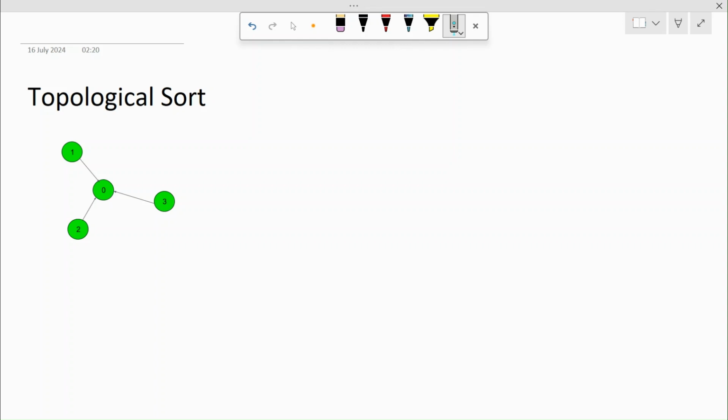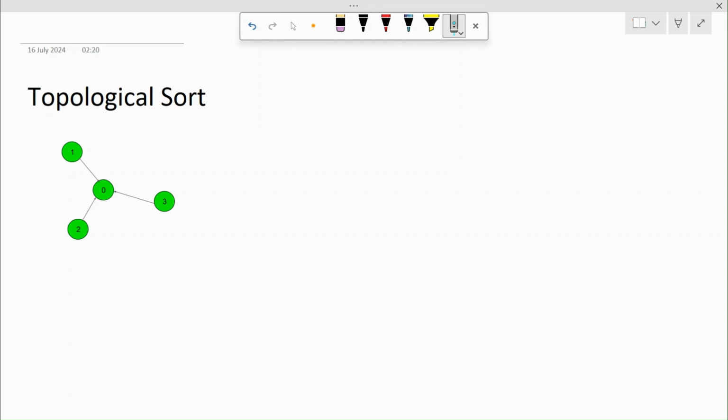As you can see in this directed graph, 0 will be done only after 3, 2 and 1, because 2 is directed towards 0, right? So it means that 0 can only be done after 2. That's what a directed graph represents.